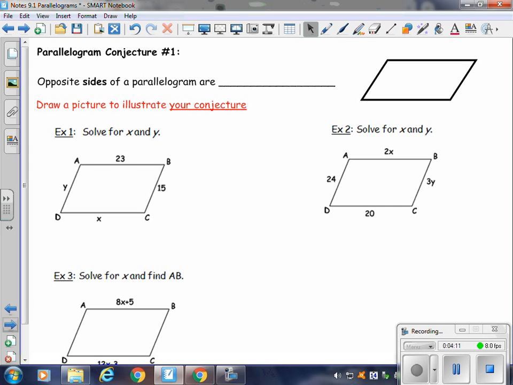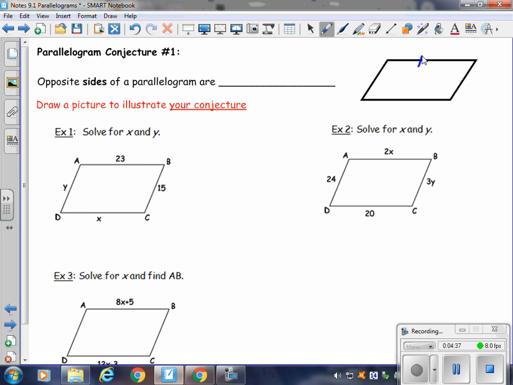So the question is, opposite sides on a parallelogram are? Well, as you draw around that parallelogram, what do you notice about the top and bottom? They're parallel. Well, that we said in the first statement, so name something different. Not only are they parallel, but what else? They're equal. Okay.